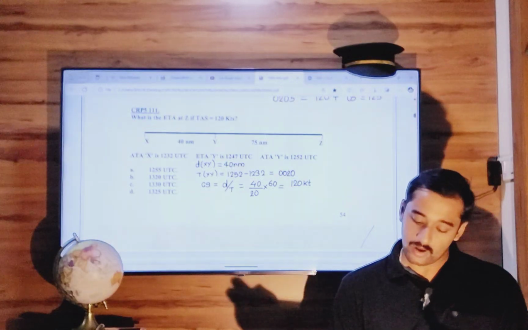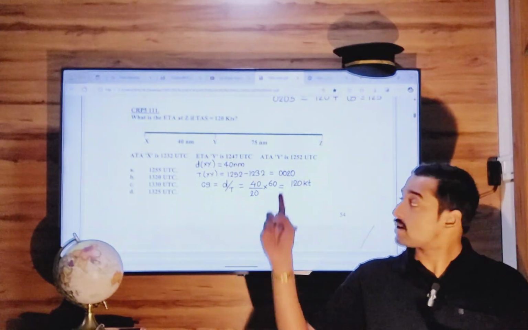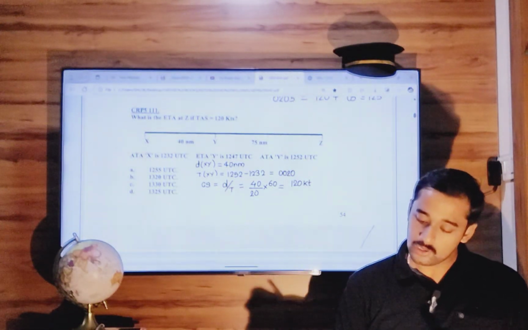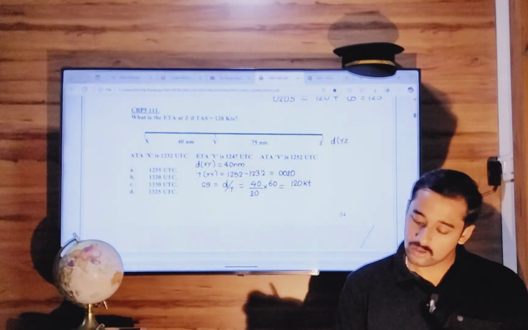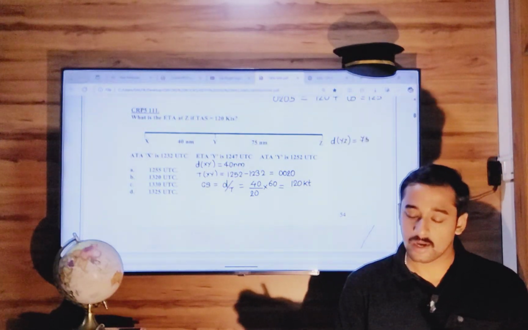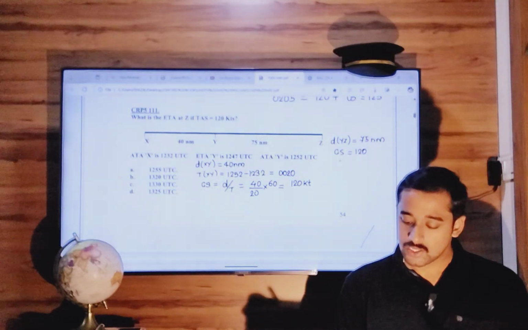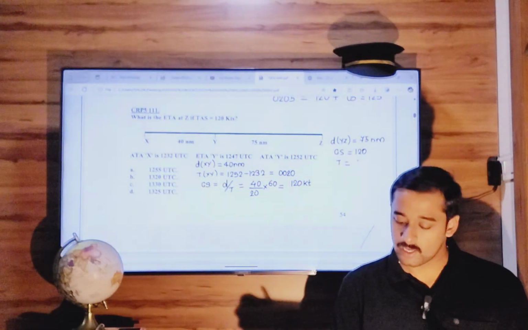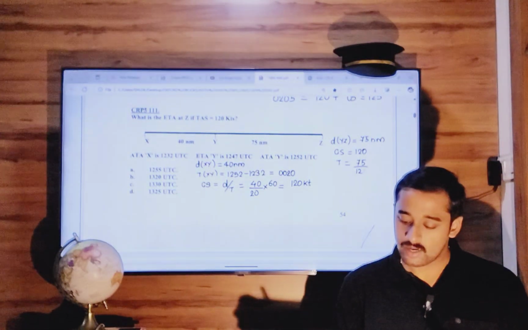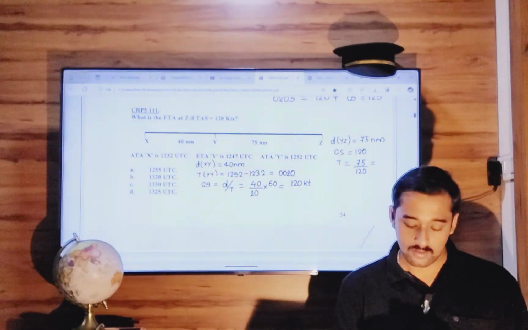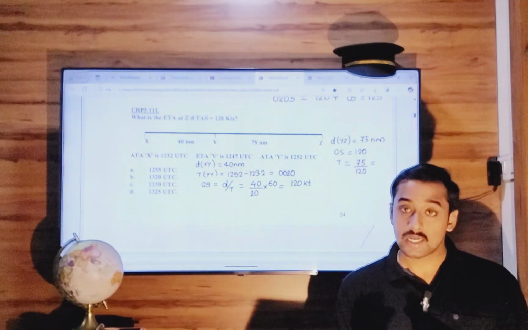Next, now we have to find the time of arrival at Zulu. We know distance between Yankee and Zulu is 75 nautical miles. Ground speed is 120 knots. So time taken to cover 75 nautical miles will be 75 by 120, 37 minutes.